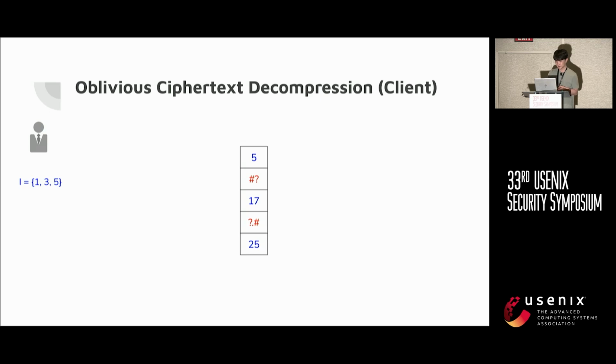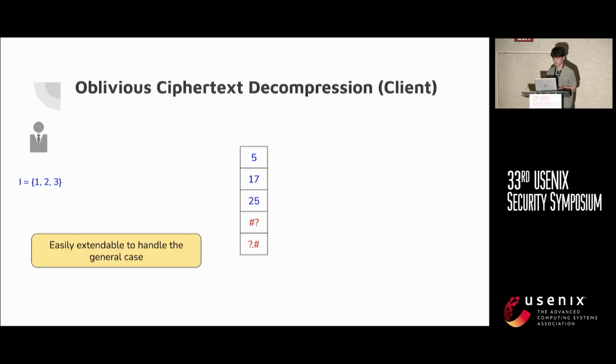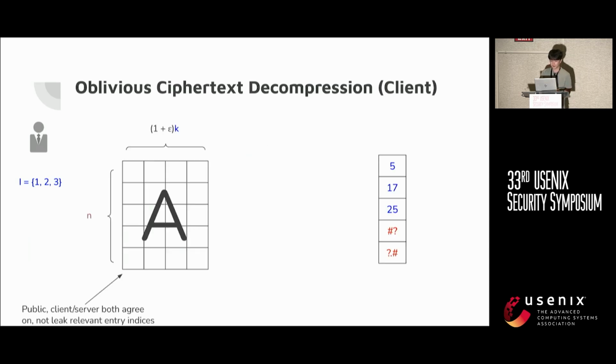Again, for illustrative purposes, we'll assume that the relevant entries occupy the first k positions, and the irrelevant entries occupy the last n minus k positions. And this time, the server and client are also going to agree on a public matrix A, but this time the matrix is going to have dimension n by (1 plus epsilon) times k.